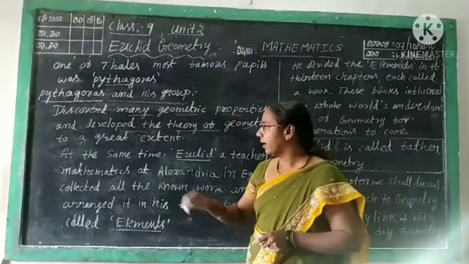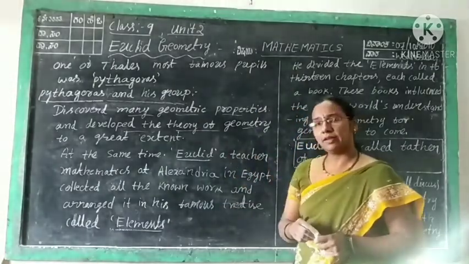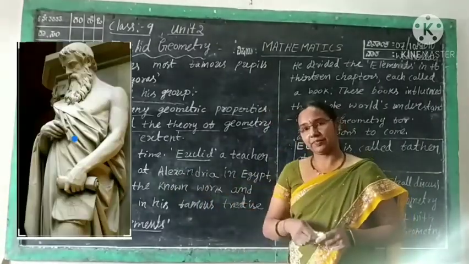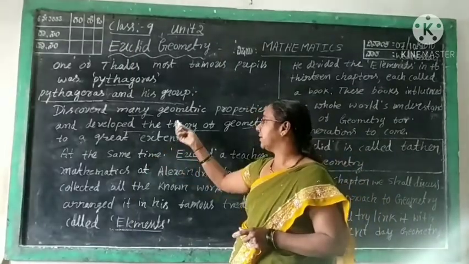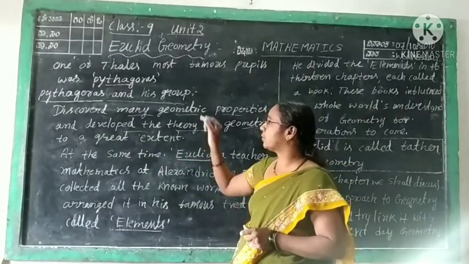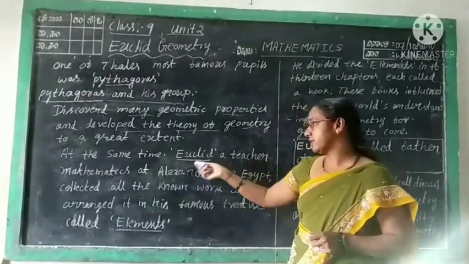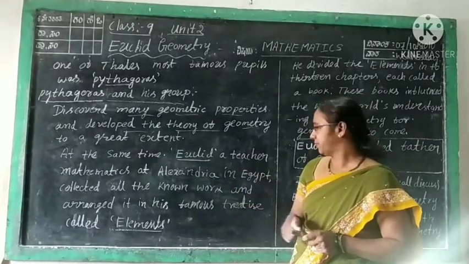Then at about the same time as Pythagoras and his group, Euclid was a teacher of mathematics at Alexandria in Egypt.